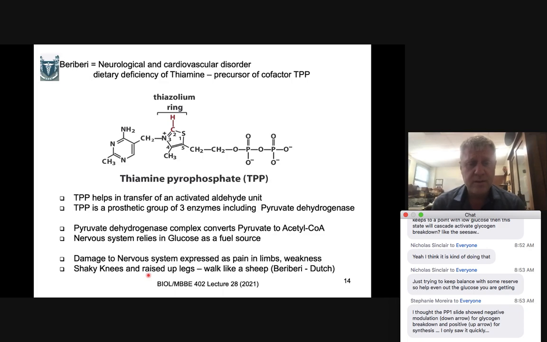But ultimately, what it does, the thiamine pyrophosphate is essential in the activation of aldehyde units and allowing their transfer, becoming a prosthetic group, particularly as we've seen with the pyruvate dehydrogenase complex. And we need that cofactor to allow us to adequately transfer the pyruvate to acetyl-CoA.